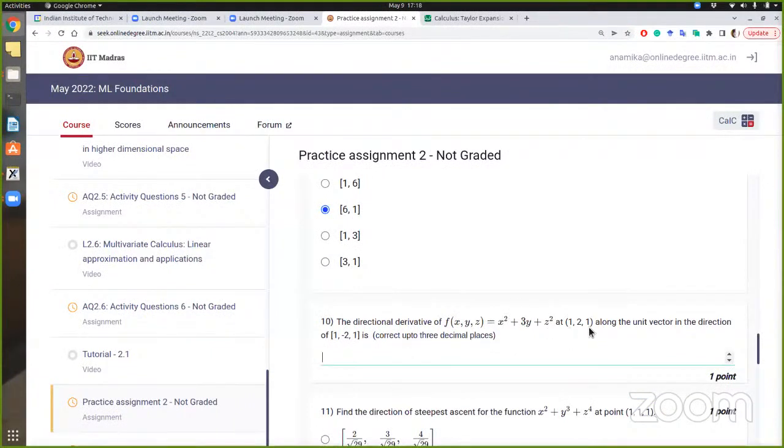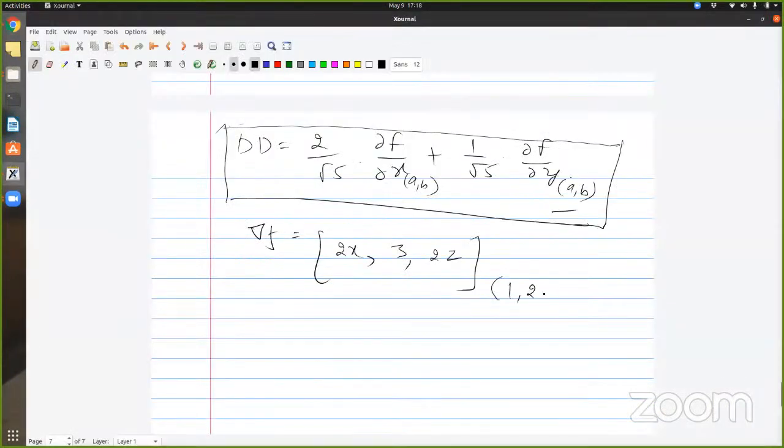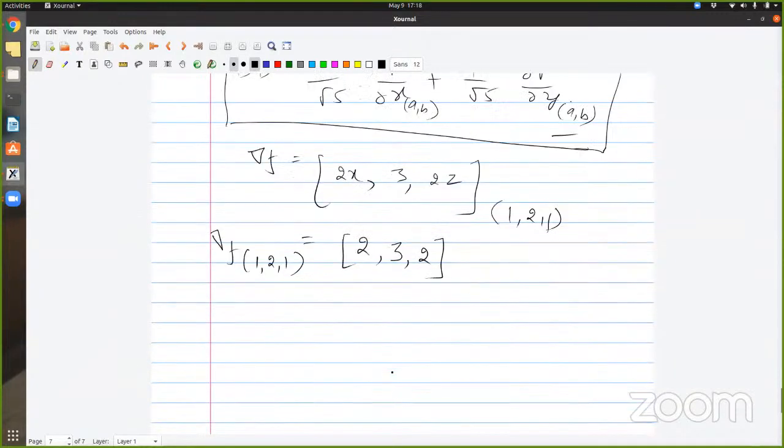Now at (1, 2, 1), you need it at (1, 2, 1). That will be 2, this was 3, right? And this is 2, correct? Yeah, (2, 3, 2).